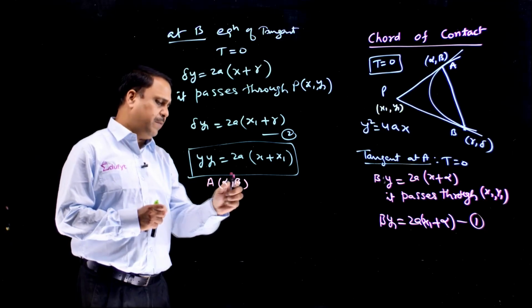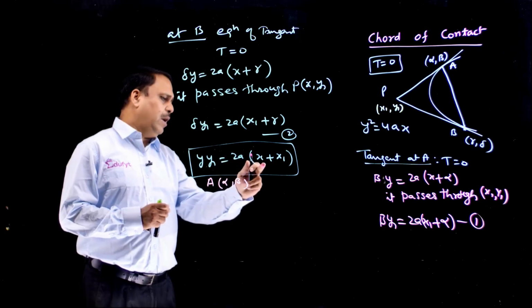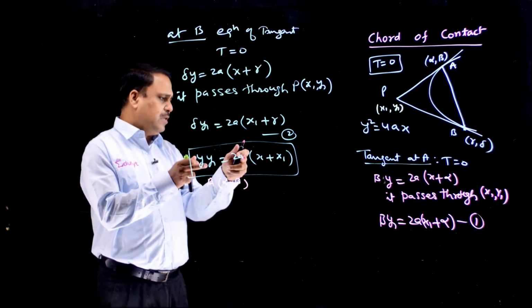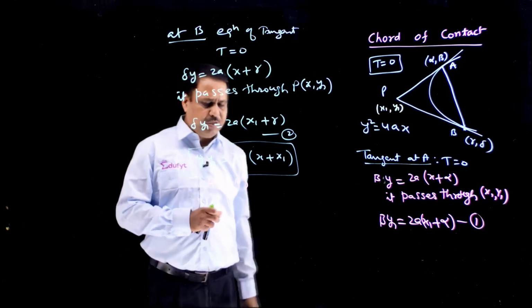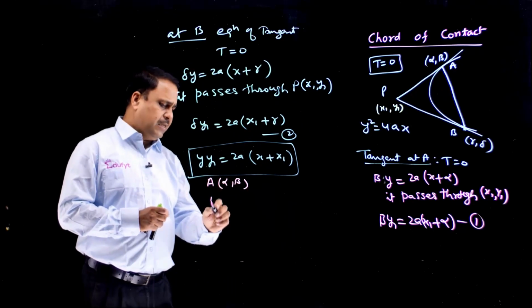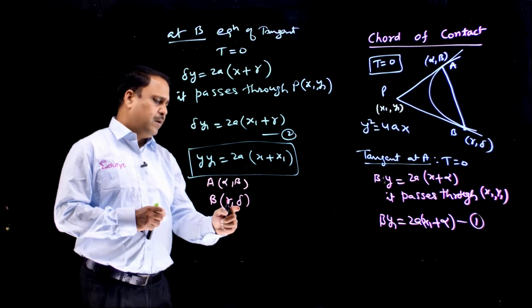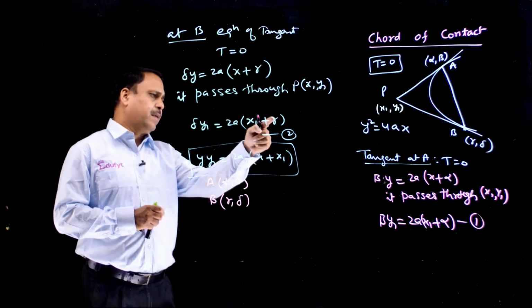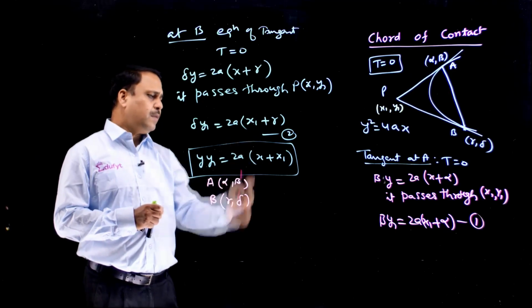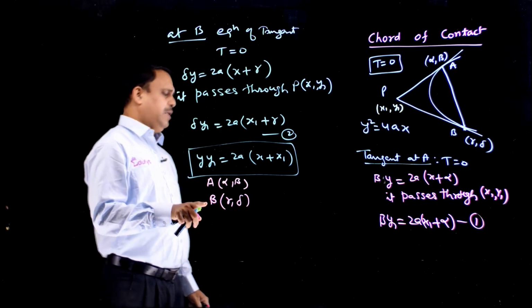Why is it passing through alpha, beta? Because beta y1 is equal to 2a alpha plus x1. Alpha, beta satisfies this equation as per condition number 1. So this line is passing through point A, and I can say that this line is also passing through point B, gamma, delta. Delta y1 is equal to 2a x1 plus gamma. So as per condition number 2, this line is also passing through point B.